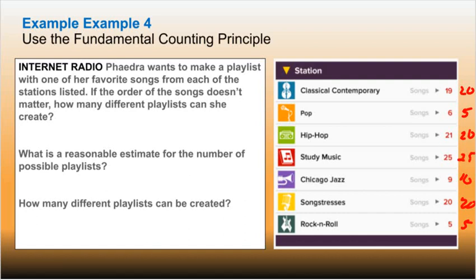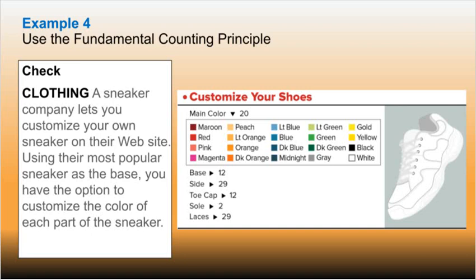And if you multiply all of those together, that will give us about 50 million. That would be our reasonable estimate. Now to find the actual, you do 19 times 6 times 21 times 25 times 9 times 20 times 5, and we get 53,865,000, which our estimate is a reasonable estimate.